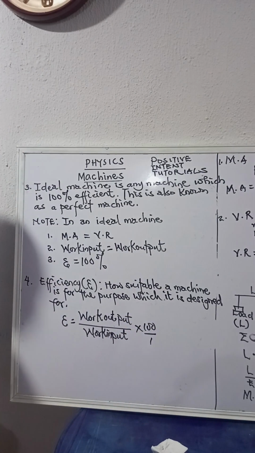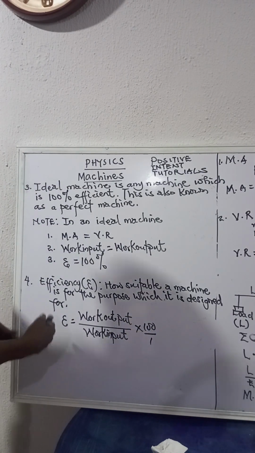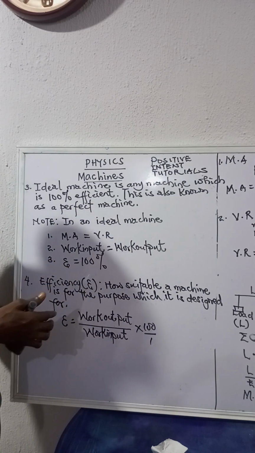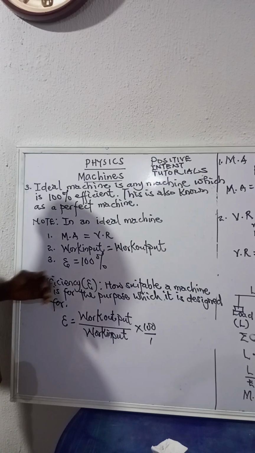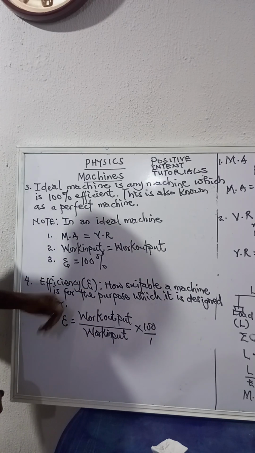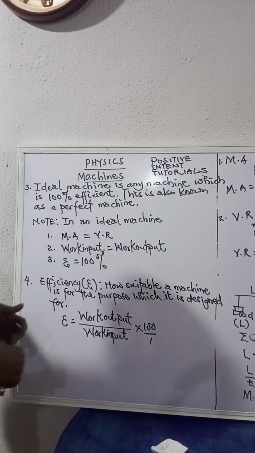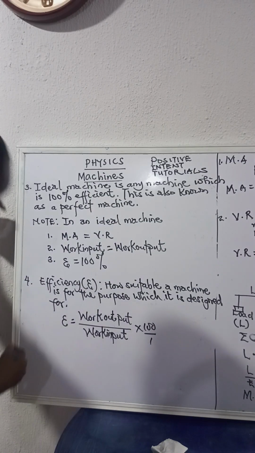You can see this. Work output ideally is expected to be lower than the work input, meaning that work output will be a fraction of the work input under normal circumstances.